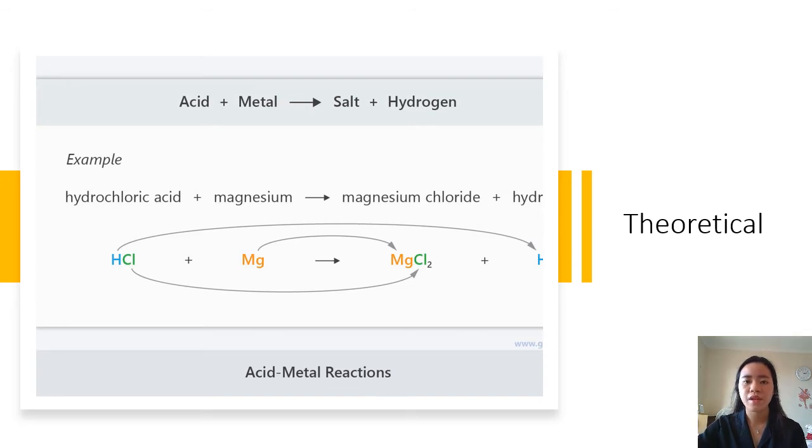When acid reacts with metal, it will produce salt and hydrogen. In this case, chloride and magnesium form magnesium chloride, and hydrogen gas gets released.